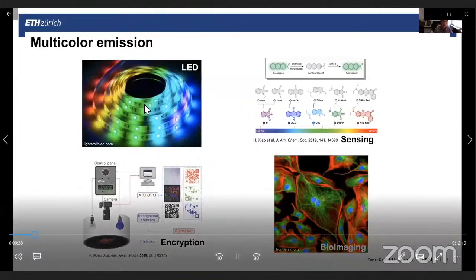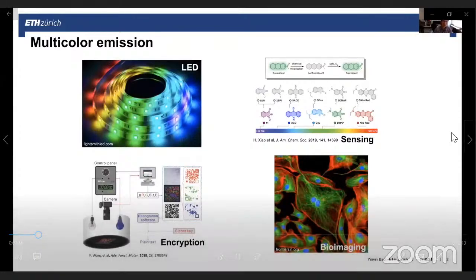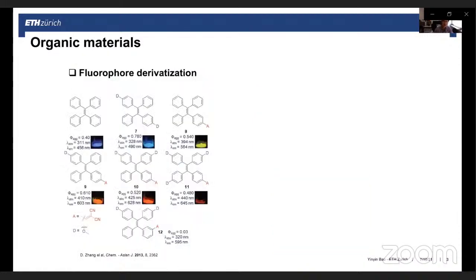Exhibited a great potential in different types of applications, including biomedical or optoelectronics, such as light emitting devices, fluorescent sensing, fluorescent encryption, and bioimaging probes, because of the biocompatibility and also the flexible synthesis of the polymeric or organic systems.